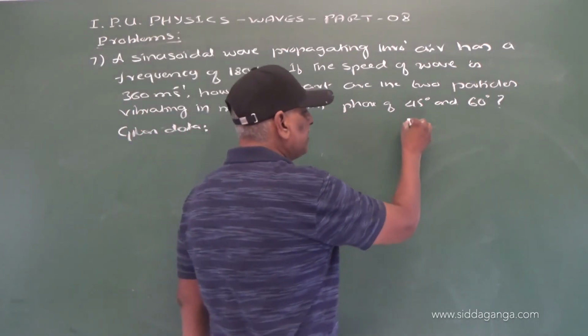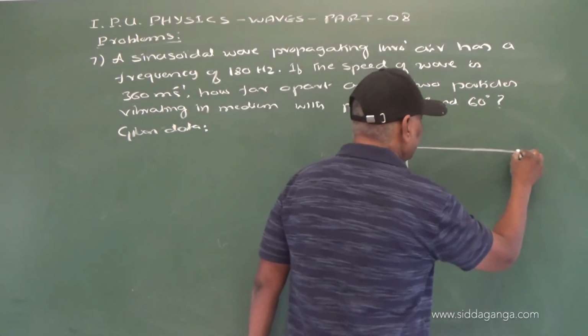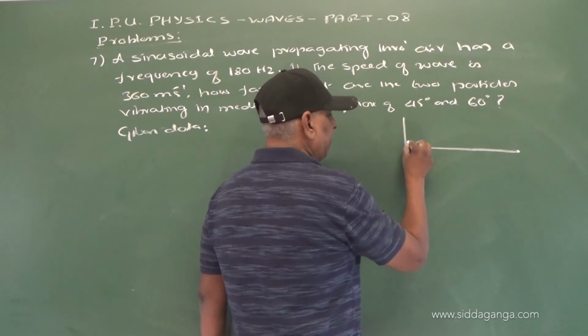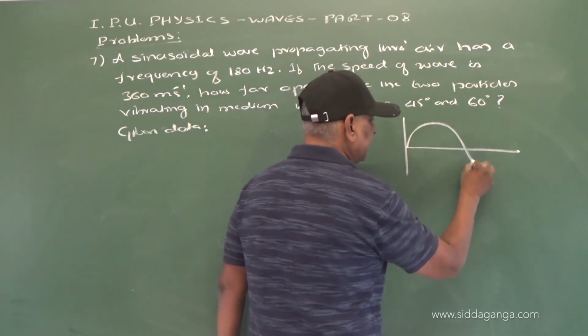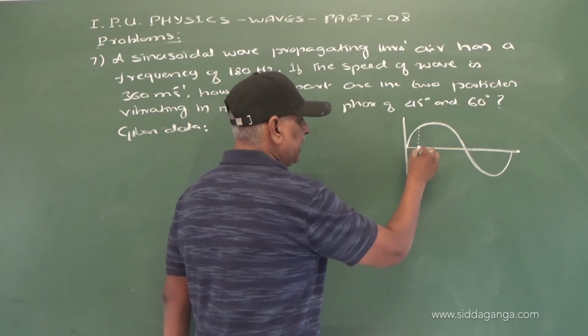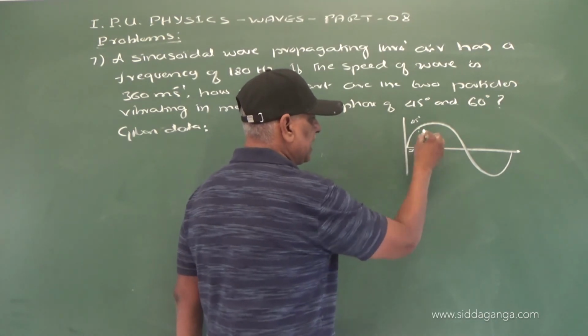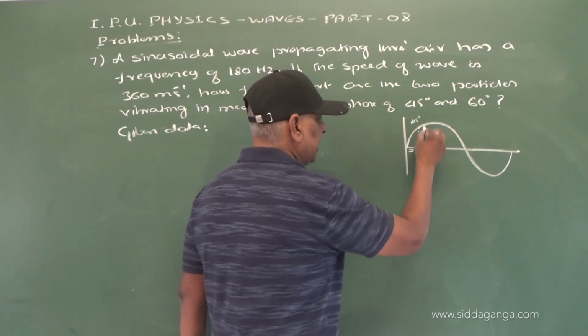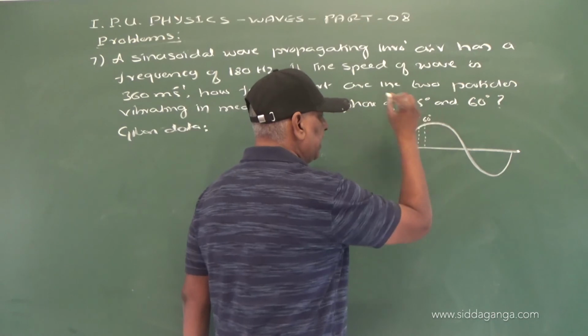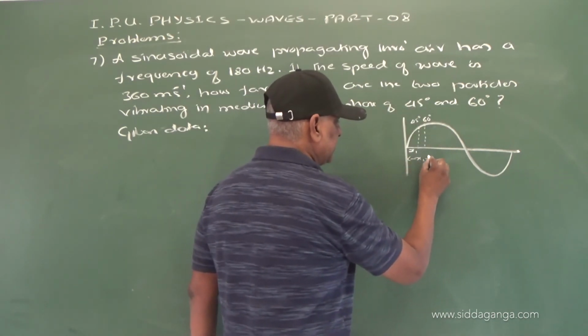Let us understand the problem with the help of a diagram. Now, a wave is represented like that. Here there is a particle having a phase of 45 degree, that is at a distance x1, and here we have another particle having a phase of 60 degree at a distance x2.